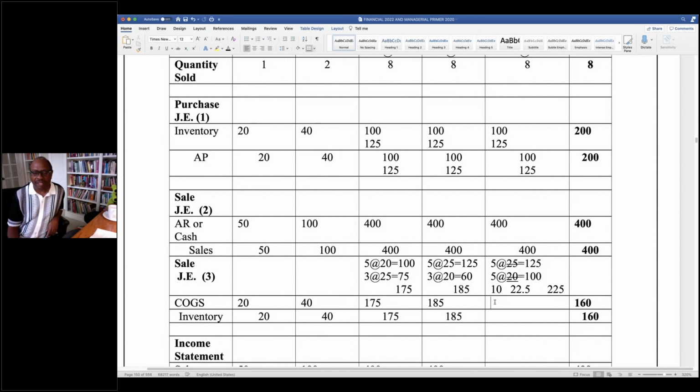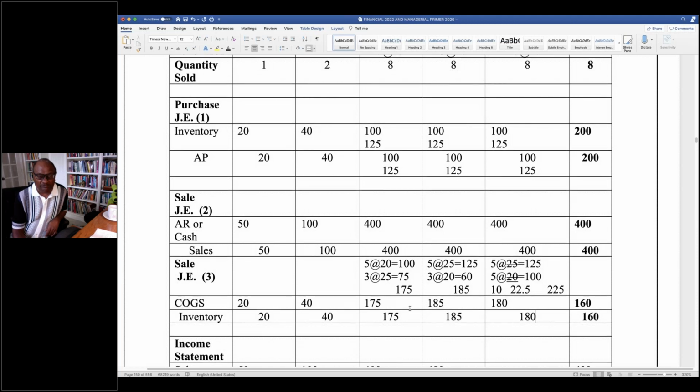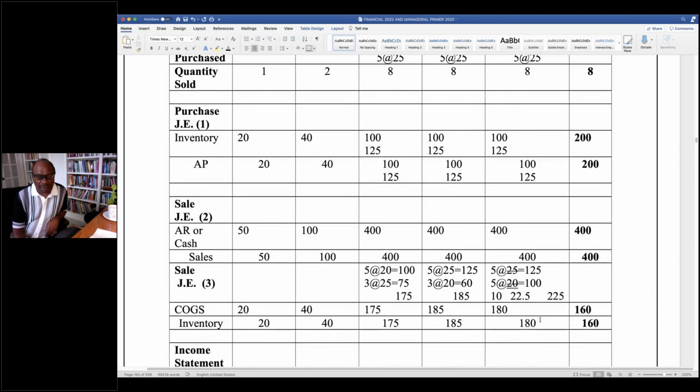Y'all put that in y'all calculators. 180. It's 180. So we create an average. And you're going to see, it should be a little help for you, that the weighted average is typically going to be in between FIFO and LIFO because it's an average.